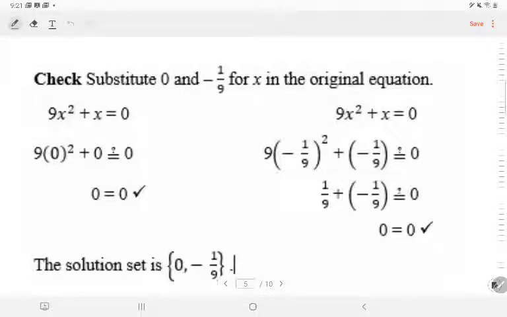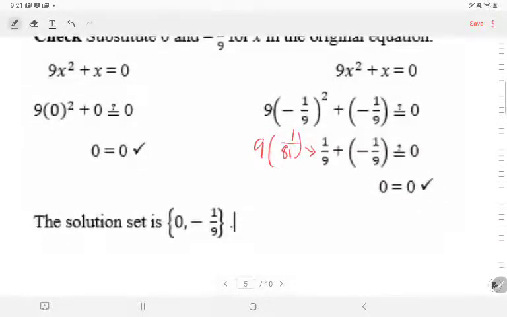Well, if we take a look at that, we have negative 1/9 squared, which is going to give me positive 1 over 81. That times 9 is going to give me 1/9. And 1/9 plus a negative 1/9 is 0. So my solution set would be 0, negative 1/9. Okay? All right.